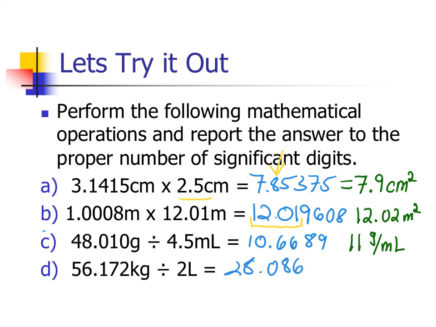I'm only allowed 1 significant digit. 30 is that significant digit. I don't put a decimal place because if I put a decimal place, then that 0 becomes significant. My label, kilograms per liter.